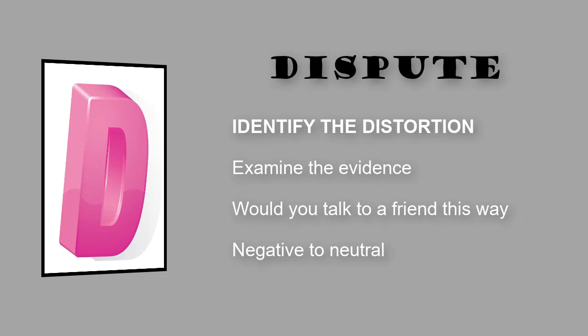Or another way that we can dispute our faulty thinking is we can move from a position of being negative to more of a position of being neutral. So you can simply replace your thinking or your irrational thoughts by disputing them.